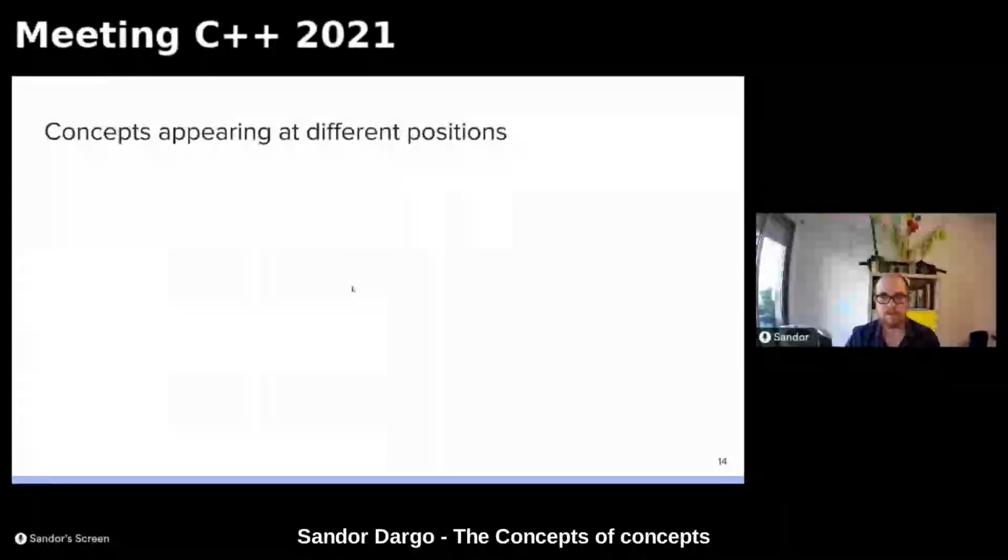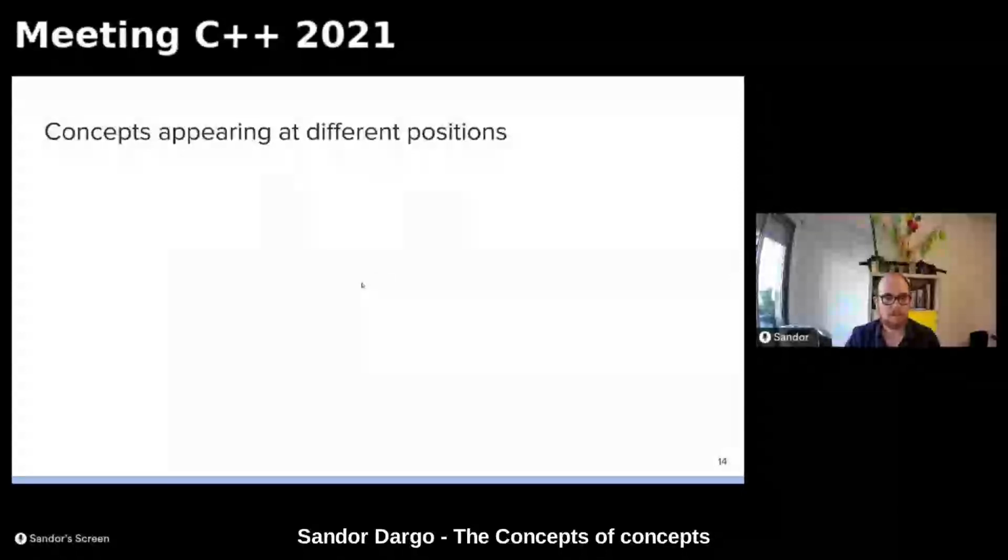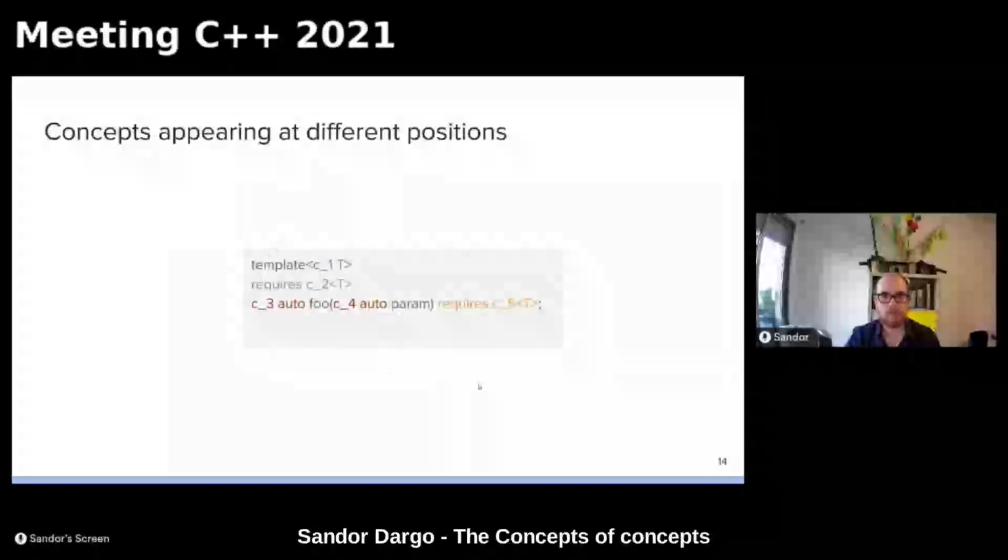So concepts can appear at different positions. We'll discuss each in detail. For the time being, I just want to show you these different positions, and I use a function template for that. It can come, as we already saw, in the template parameter list instead of the typename. We can use it as a type constraint, often called a shortened notation.